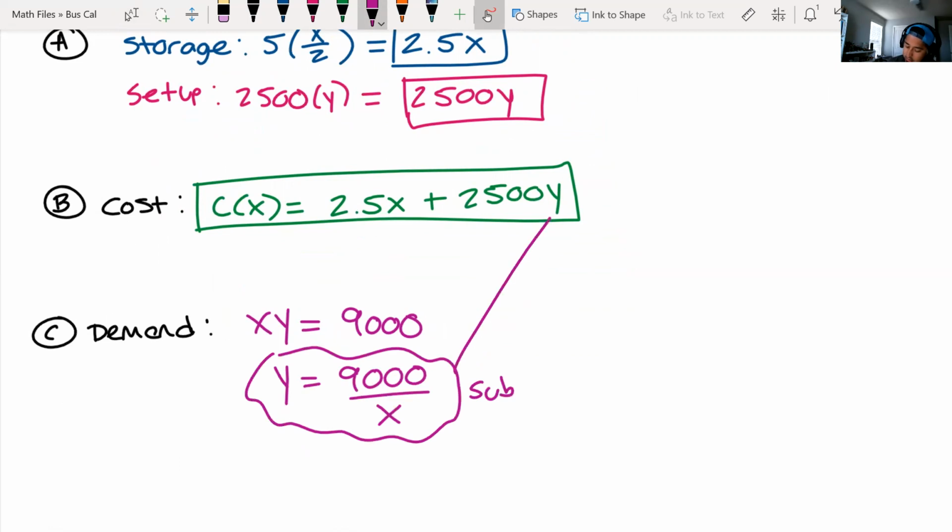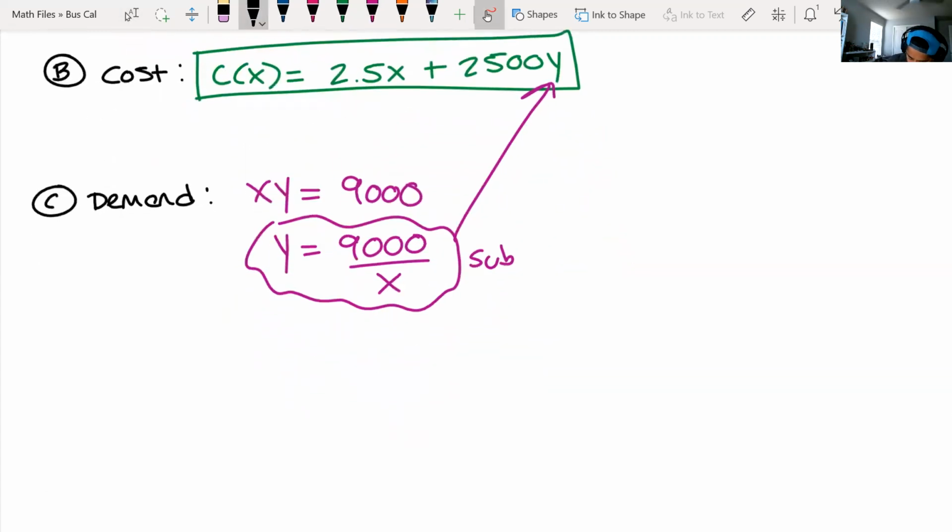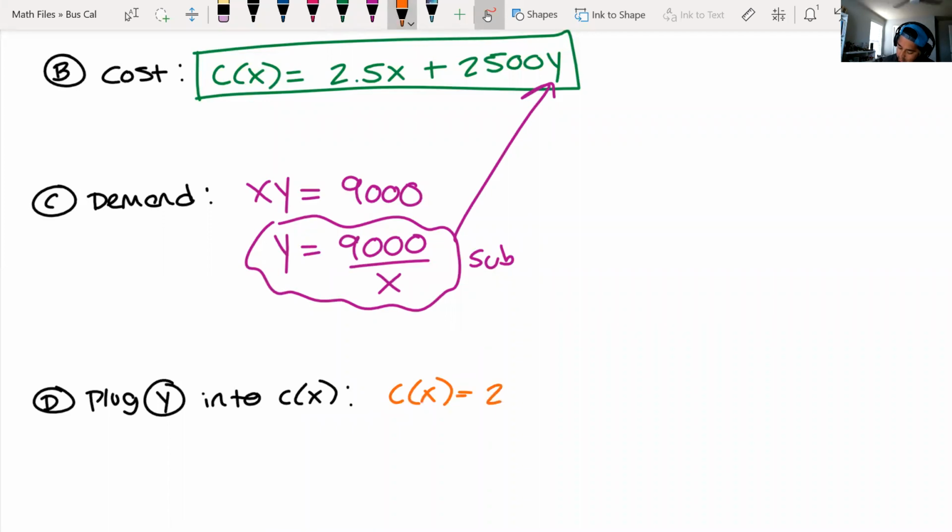Again, here's our sub that goes in for that Y value. So let's call that step D. We'll have C of X equal to 2.5X plus 2,500 times my new Y value. I'm just going to write it like this already: 9,000 X to the negative 1.